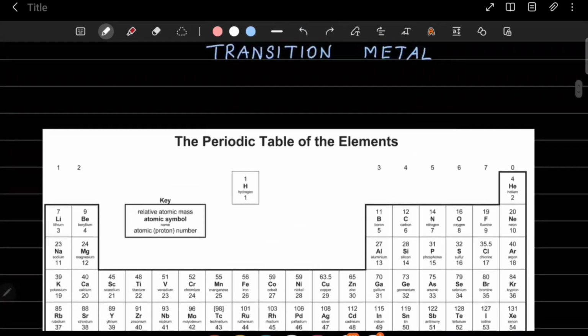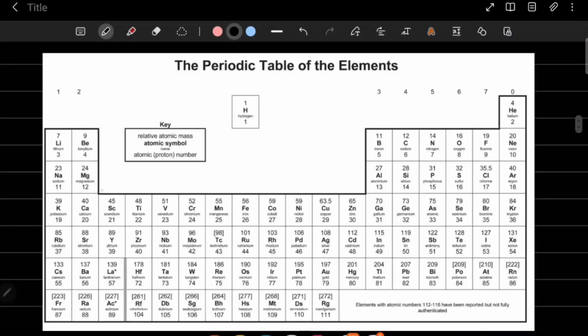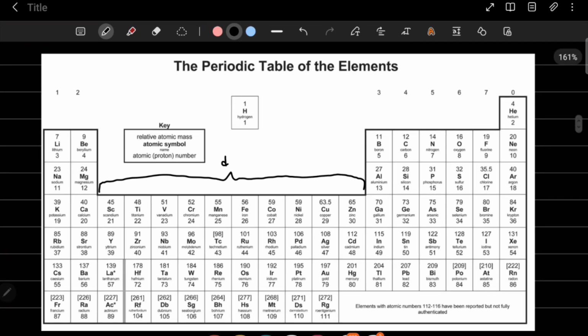So if we have our periodic table over here, this section over here, between group 2 and group 3, this part contains the D block elements. All transition metals are D block elements.